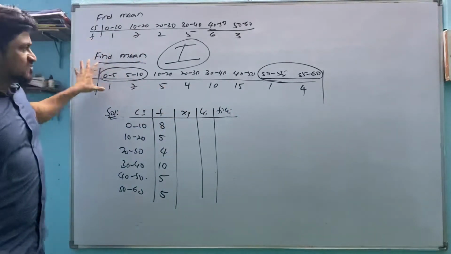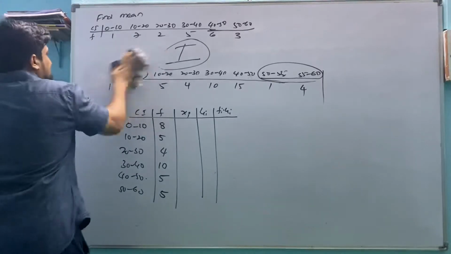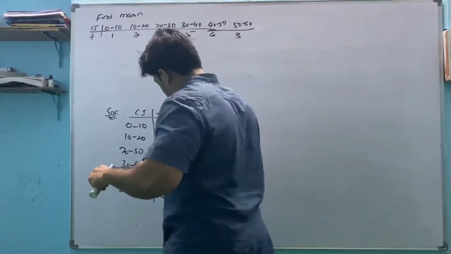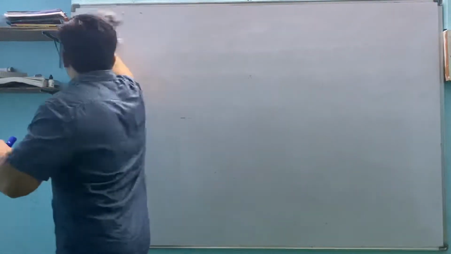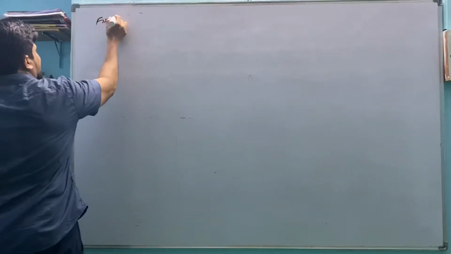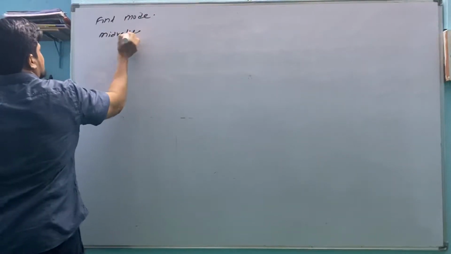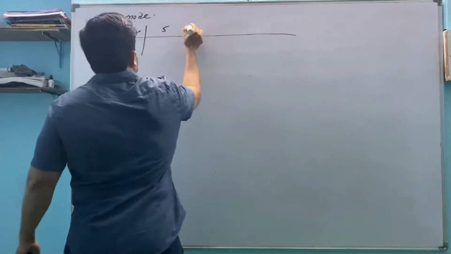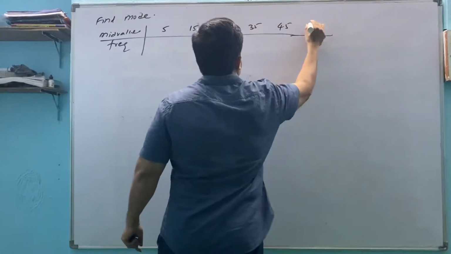We have to arrange the classes. This is one thing. Sometimes in the question paper, they'll ask you to find anything. Suppose find mode, and mid value and frequency are given: 5, 15, 25, 35, 45, 55.